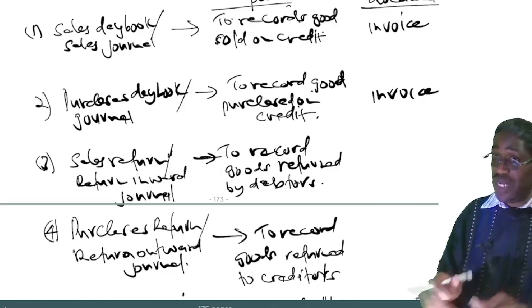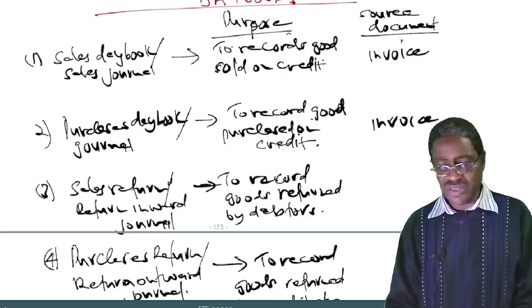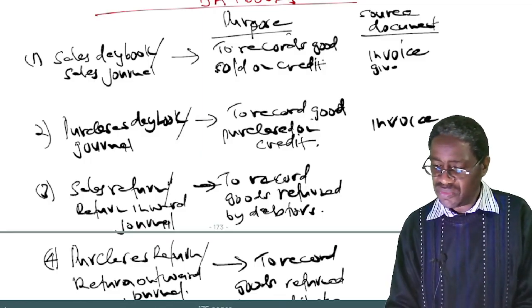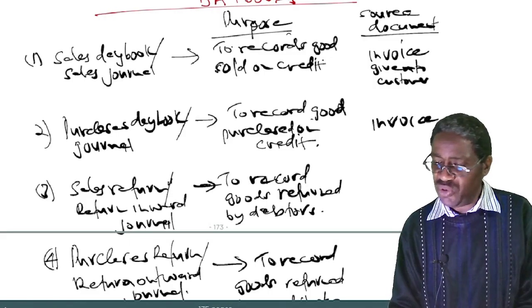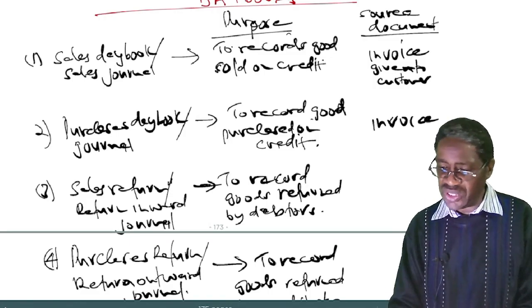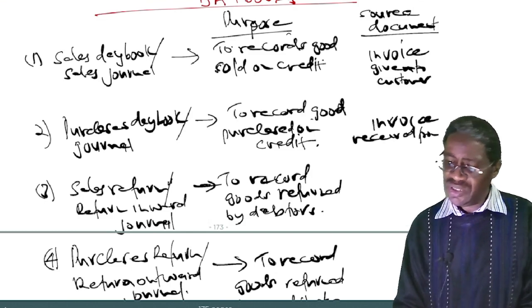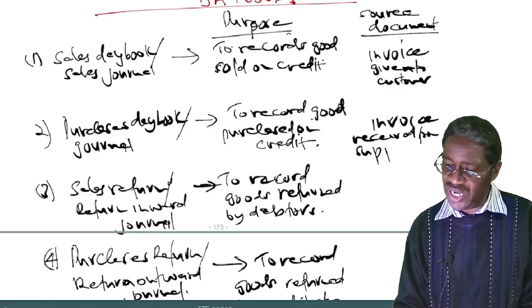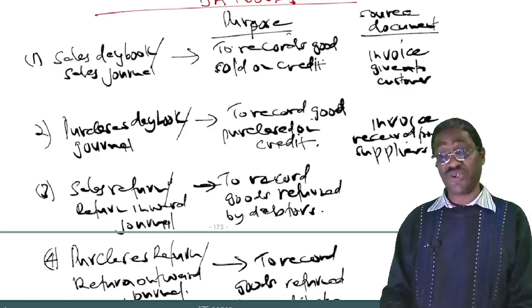From suppliers. So this is invoice given to customers. This is invoice received from suppliers. Are you there? Invoice received from suppliers. That's the document.